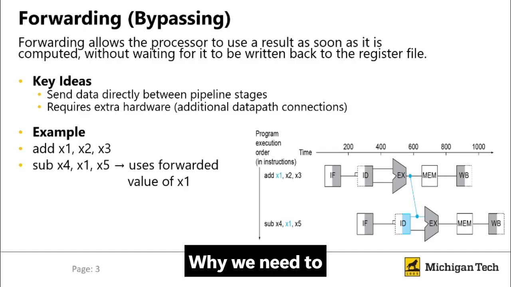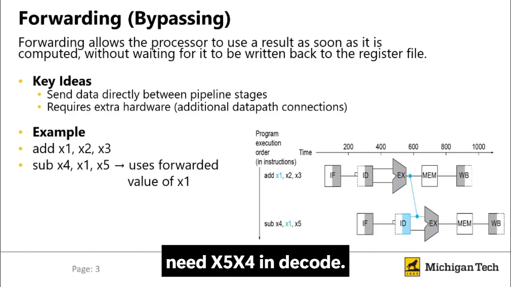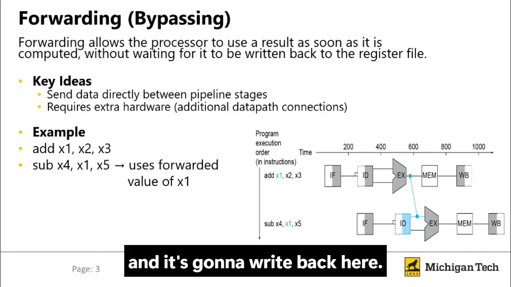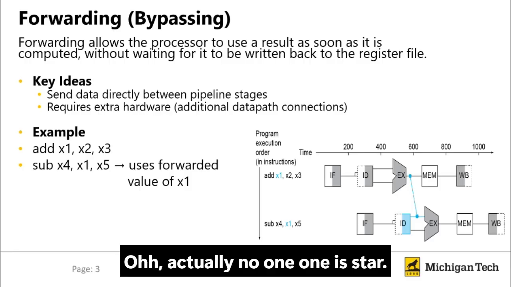Why do we need two stalls? Because this subtract needs x4 in decode, and it's going to be written back here. Oh, actually, no, one stall. Why?